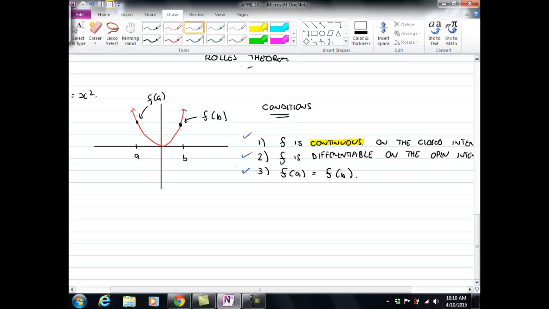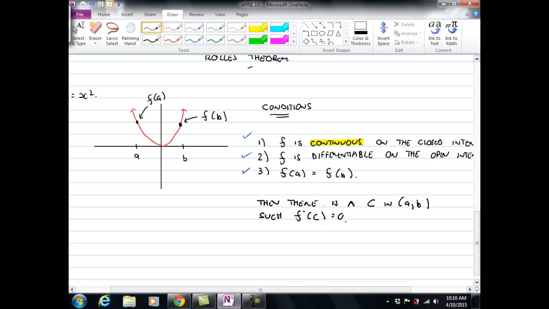If these 3 conditions are met, what Rolle says is this: there is a c somewhere between a and b such that f prime of c equals 0.